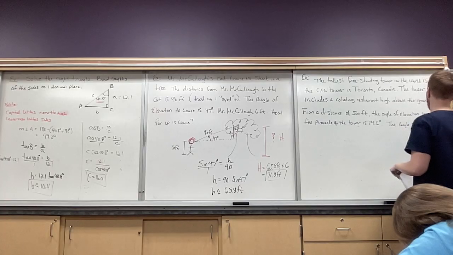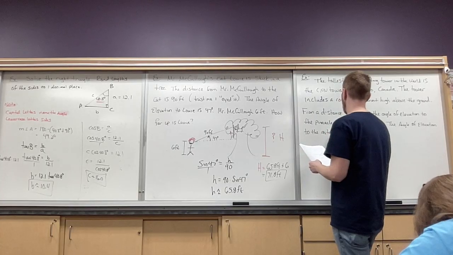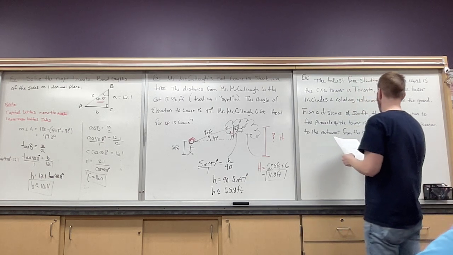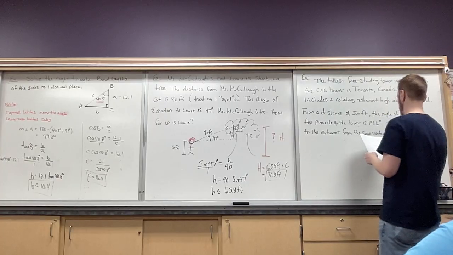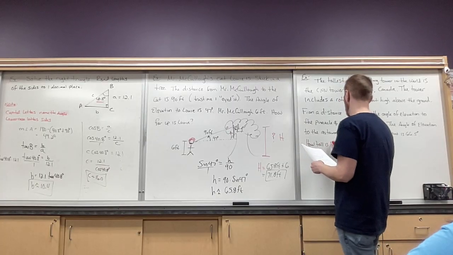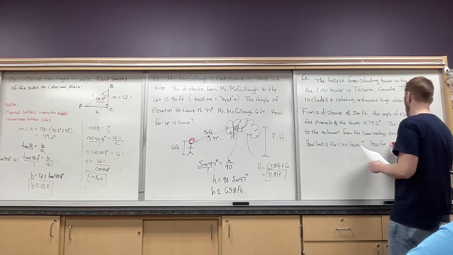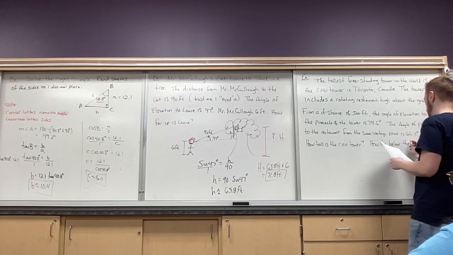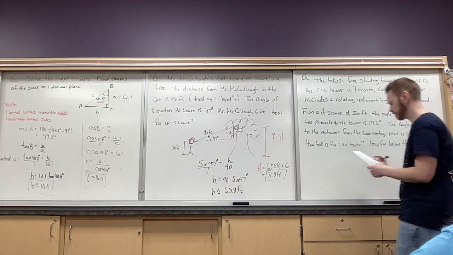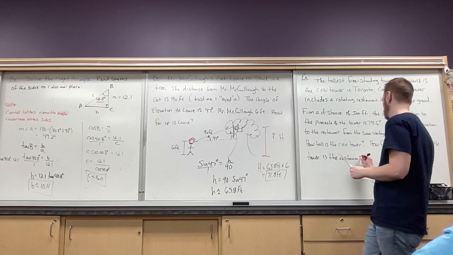The angle of elevation to the restaurant from the same vantage point is 66.5 degrees. How far below the pinnacle of the tower is the restaurant located?